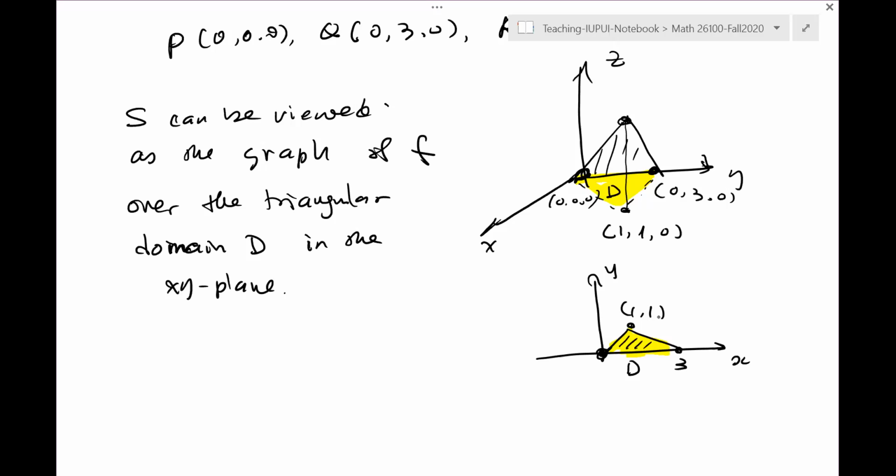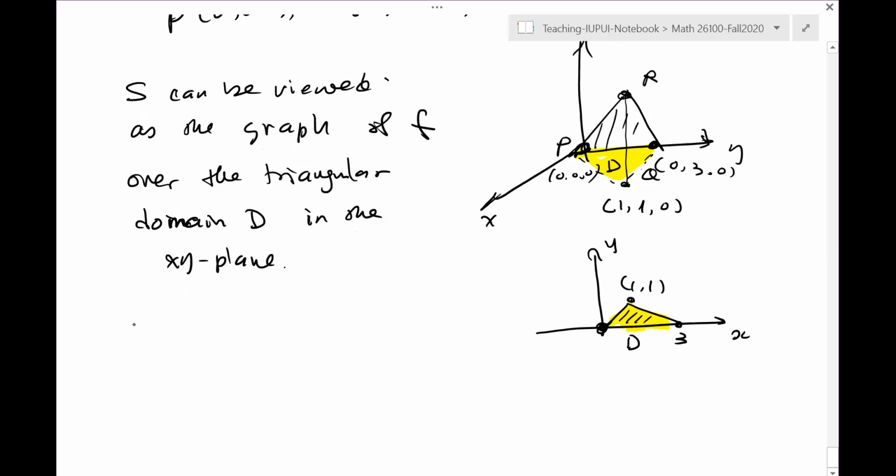I think we can find a normal vector. This is P, that's Q, that's R. The vector PQ is going to be the difference of those 2 components, 0, 3, 0.